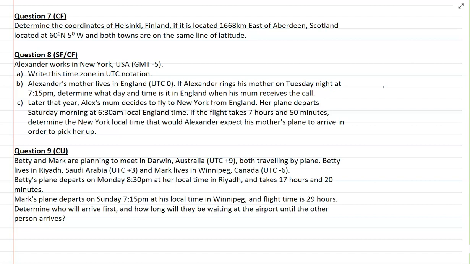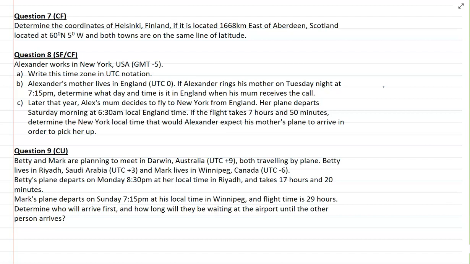So we're told that Betty's plane departs on a Monday at 8:30 p.m. at her local time in Riyadh and takes 17 hours and 20 minutes. Mark's plane departs on Sunday at 7:15 p.m. in his local time in Winnipeg, and flight time is 29 hours.